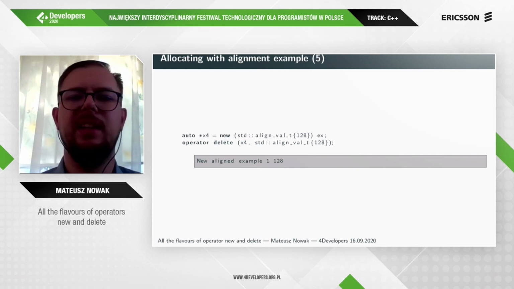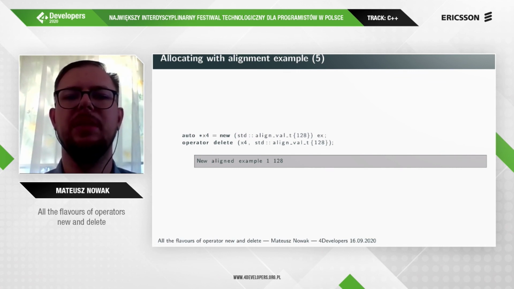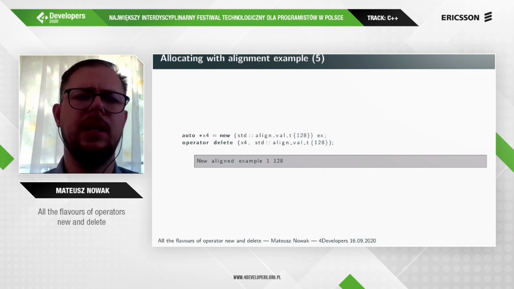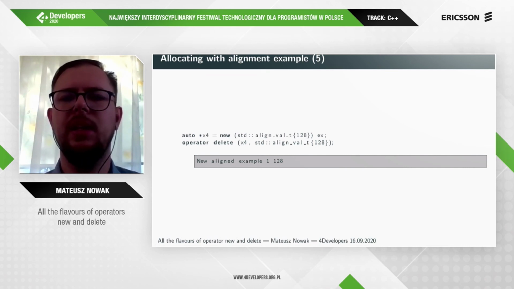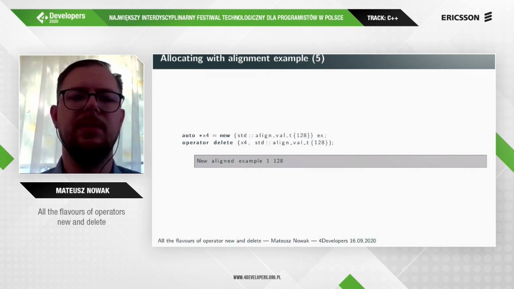And the problem here is also that you have to remember the exact value of the alignment and put it here. It can be resolved if you are using unique pointer and passing a deleter, defining this value at construction time, but still you have to keep the value somehow.